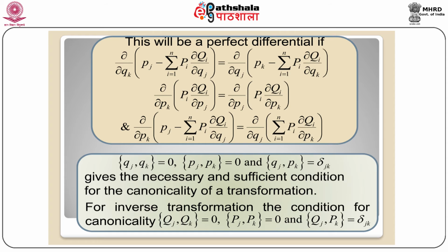On simplification, these can be written as this, that is del small p_k of summation i equal to 1 to n capital P_i del small p_j of capital Q_i equal to del small p_j of summation over i equal to 1 to n capital P_i del small p_k of capital Q_i, and del small p_k of small p_j minus summation i equal to 1 to n capital P_i del small q_j of capital Q_i equal to del small q_j of summation over i equal to 1 to n capital P_i into del small p_k of capital Q_i.